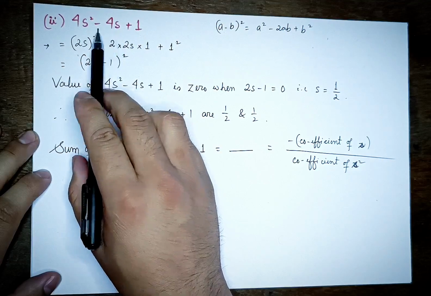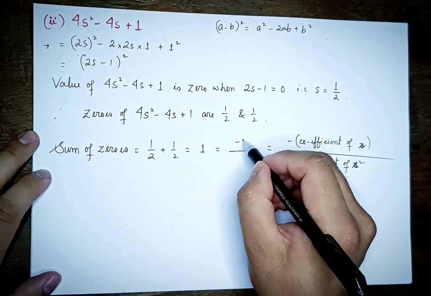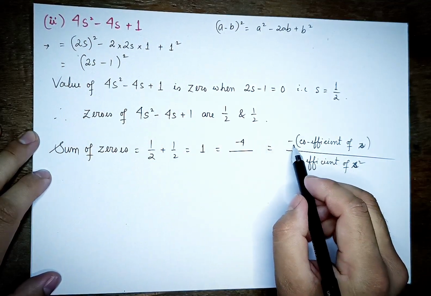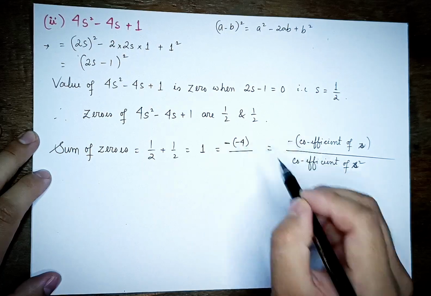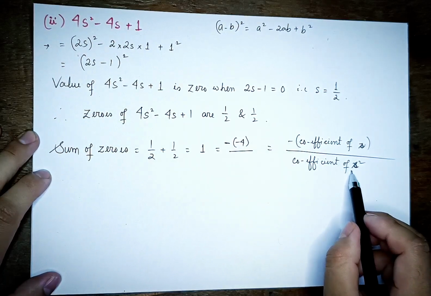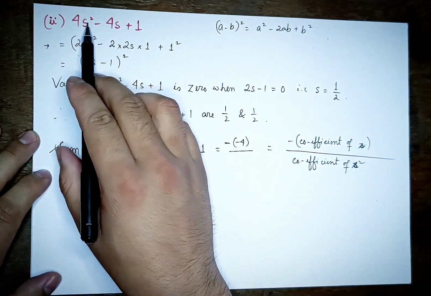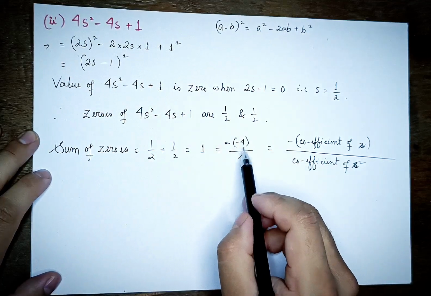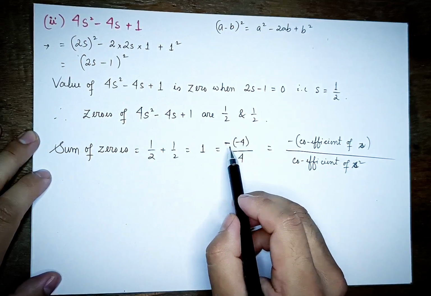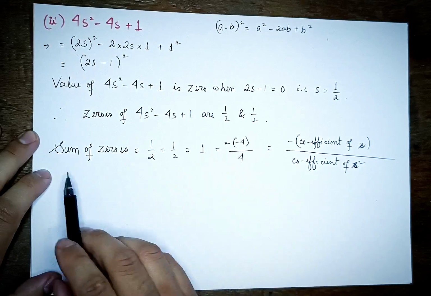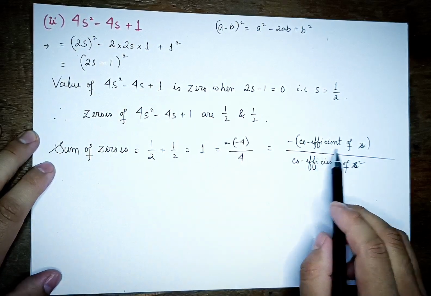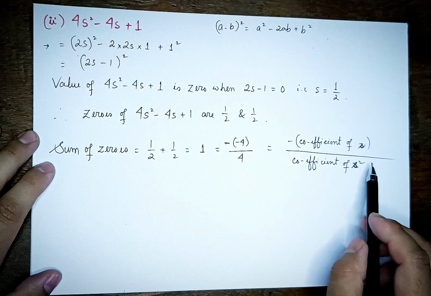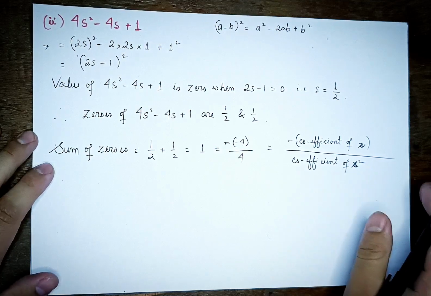The coefficient of s is minus 4, so I write minus 4 here in this formula, minus, and the coefficient of s square is 4, so I write 4 here. Minus minus plus, we get 4 divided by 4. Dividing these two, we get 1. So this and this are equal. So the sum of zeros is equal to minus coefficient of s divided by coefficient of s square.